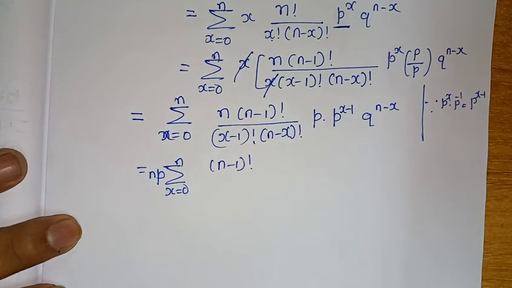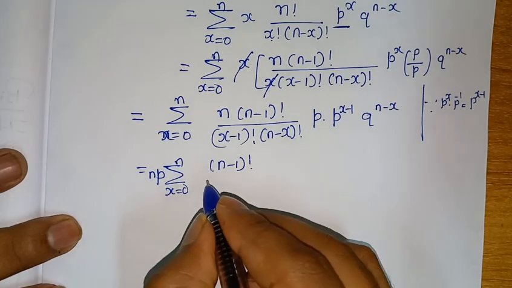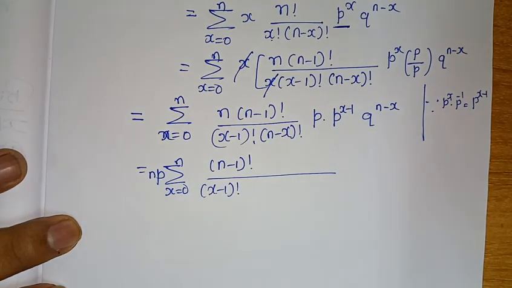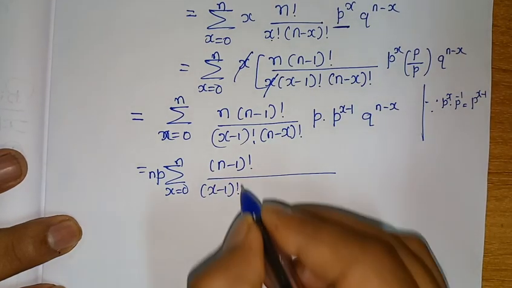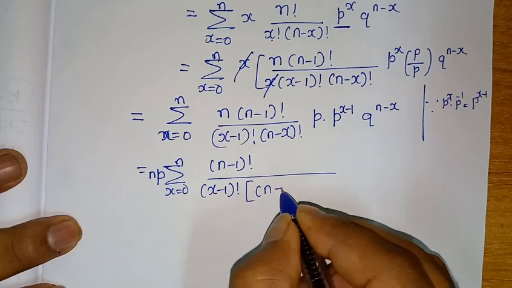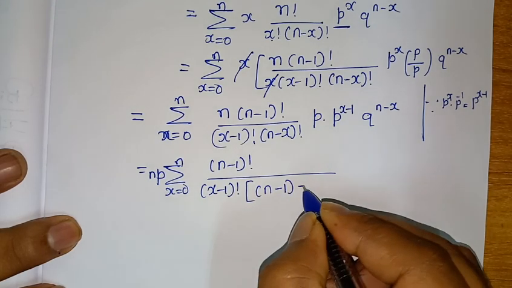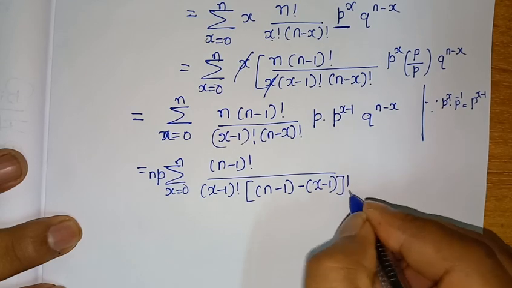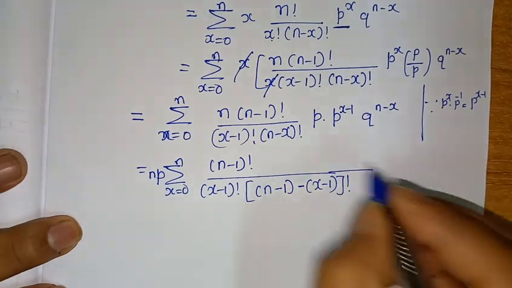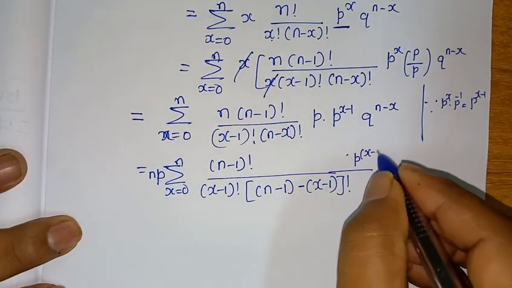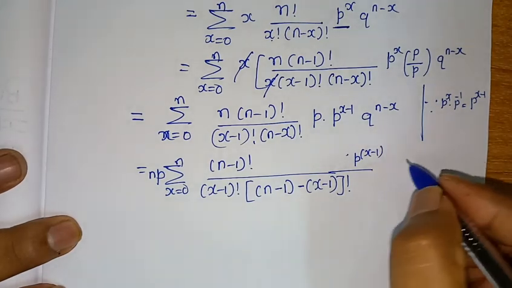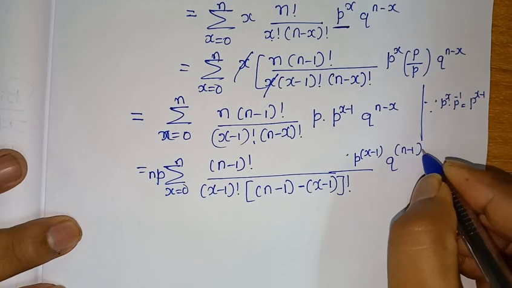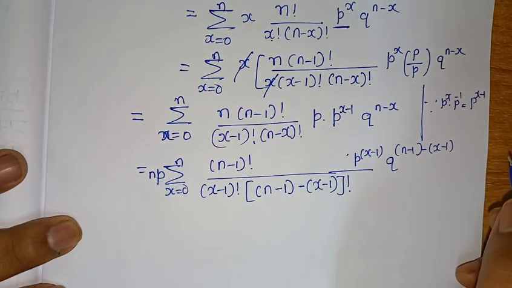N minus 1 whole factorial divided by x minus 1 factorial into n minus 1 minus x minus 1 whole factorial, into p power x minus 1 and q power n minus 1 minus x minus 1.